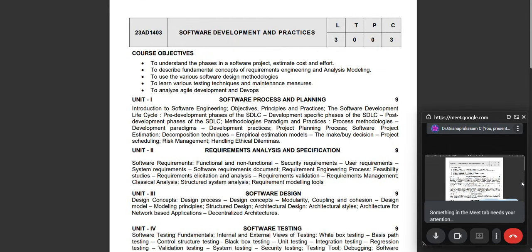These are the testings, especially system testing, security testing, and testing tools. These are the things that should be implemented in the software.